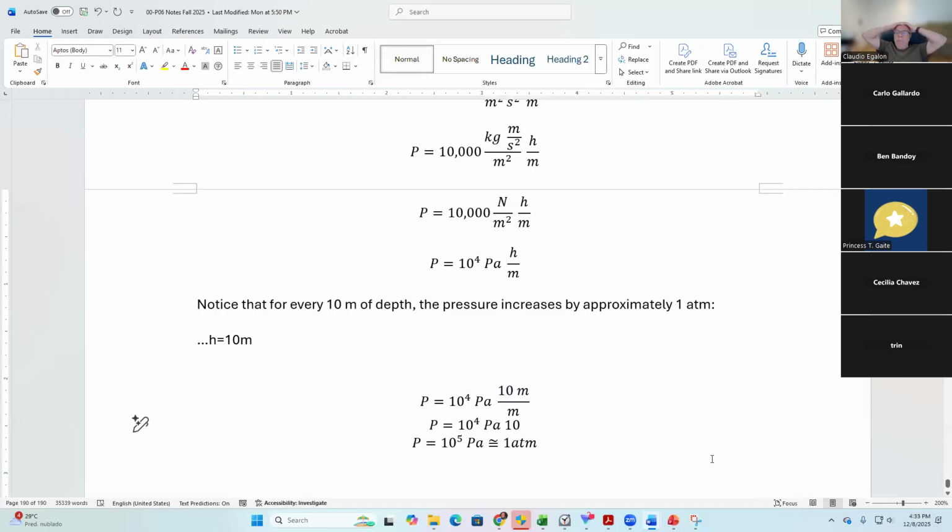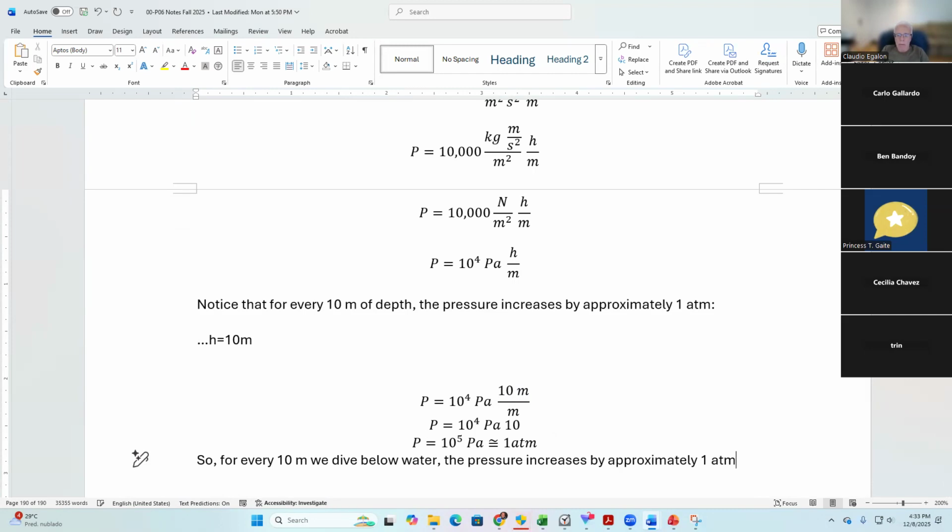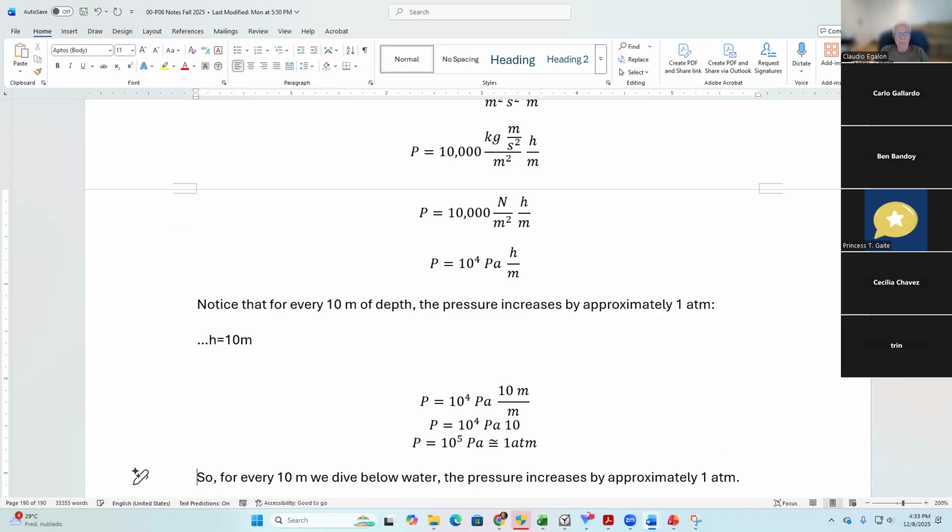So for every 10 meters that we dive below water, the pressure increases by approximately 1 atmosphere. Okay?